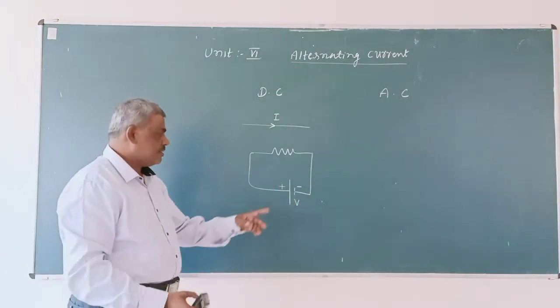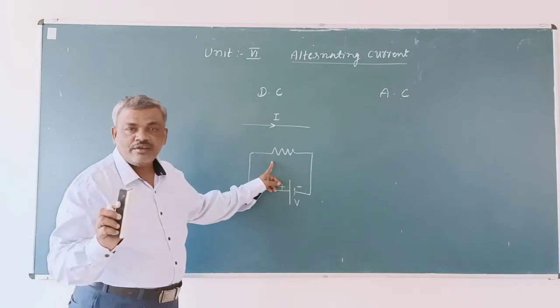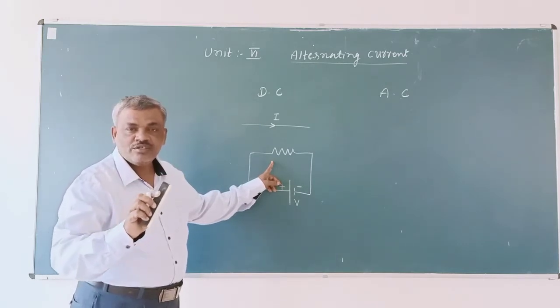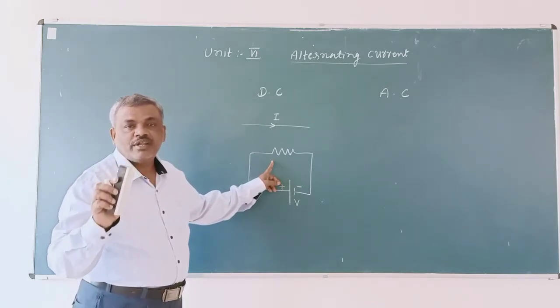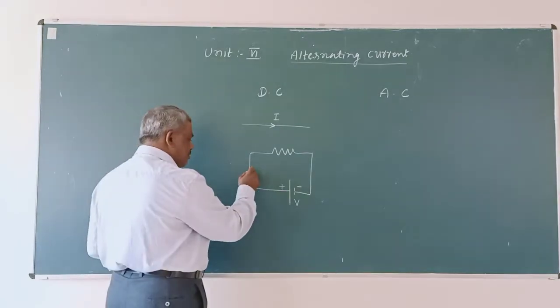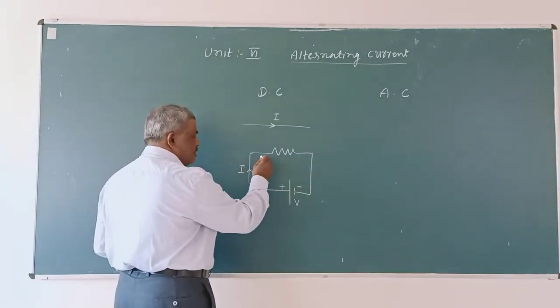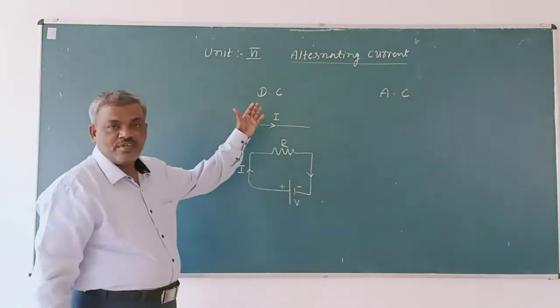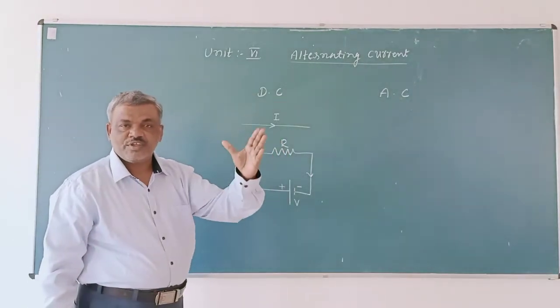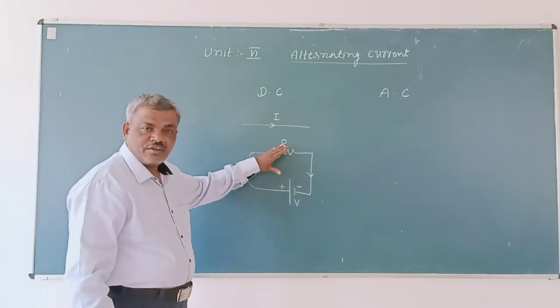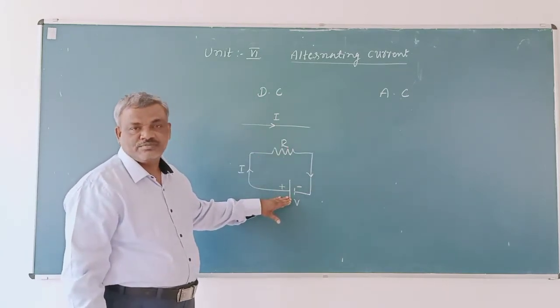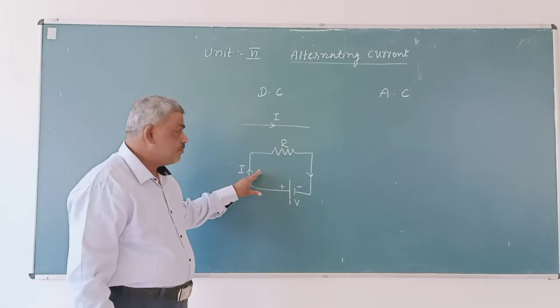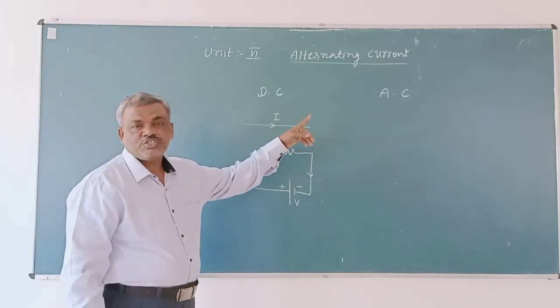In DC electrical circuits, the current does not change direction with time. That is DC. This circuit is connected to a DC source, and the current flows in the same direction.